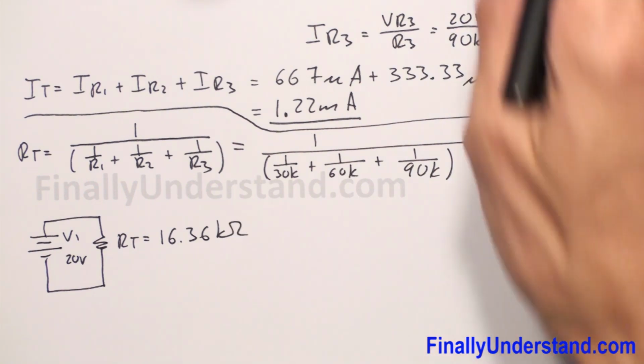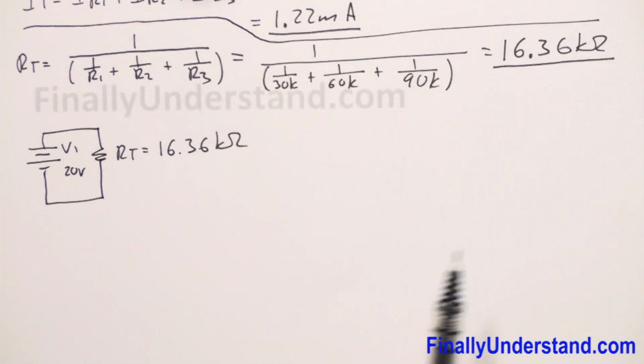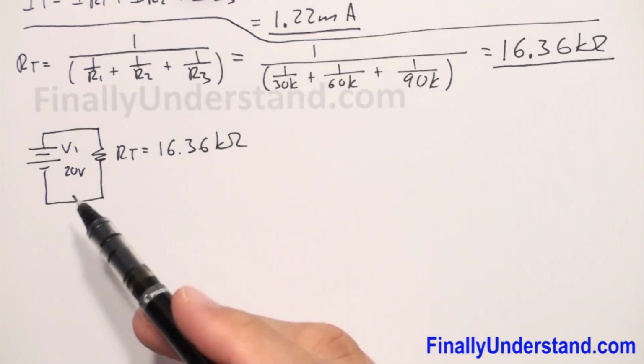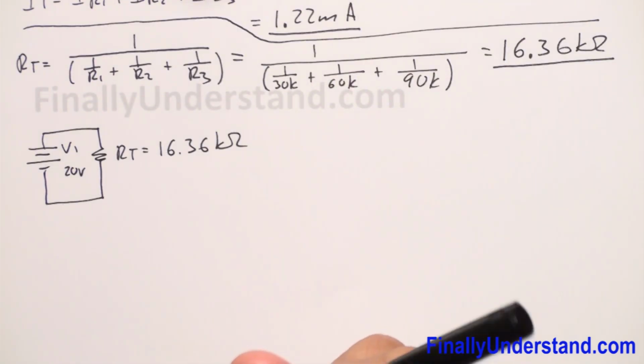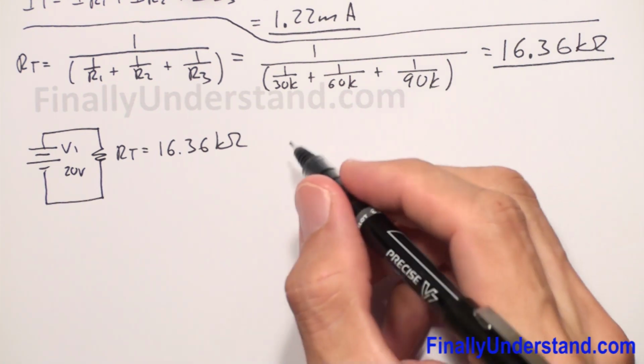You can replace these 3 resistors by one resistor like this, and the circuit is going to do exactly the same job. So now let's continue.